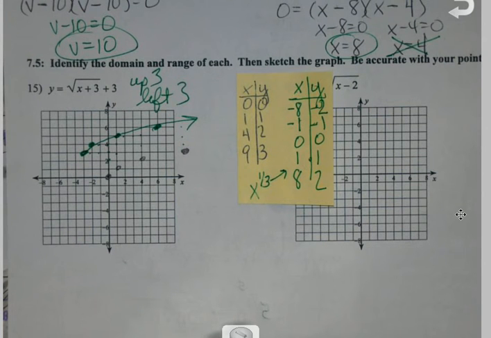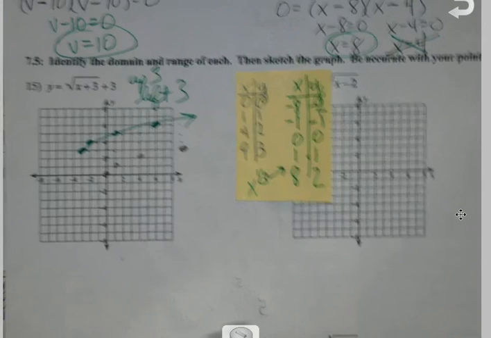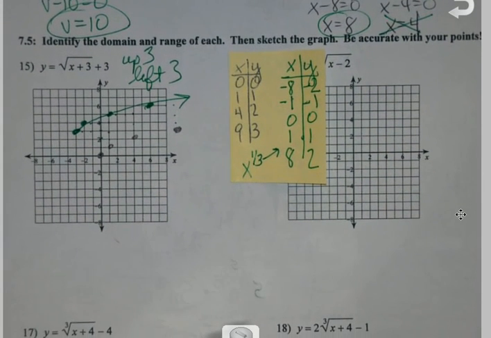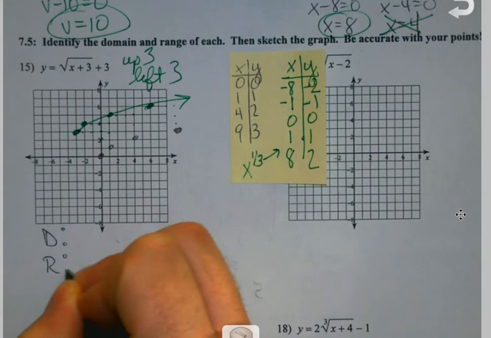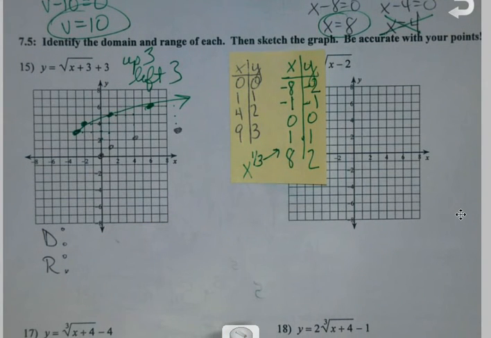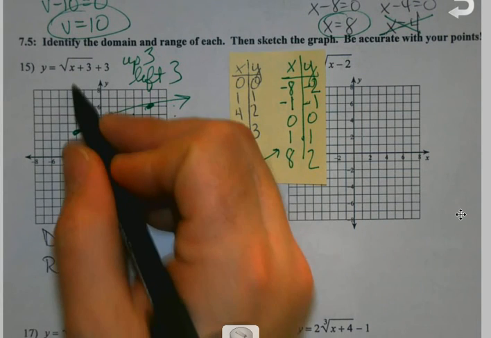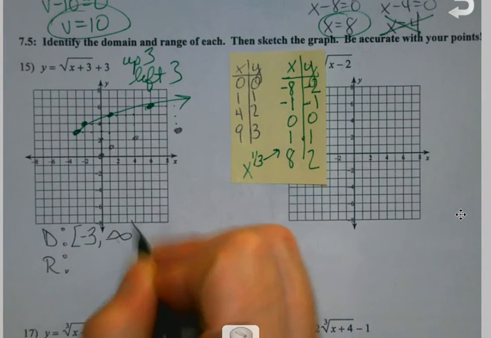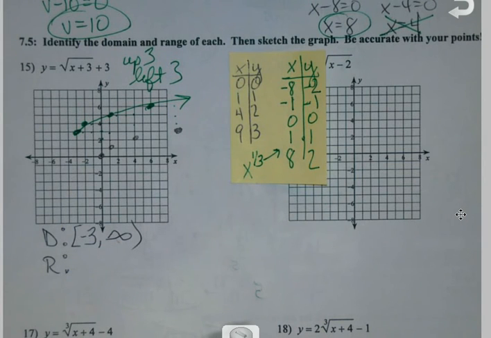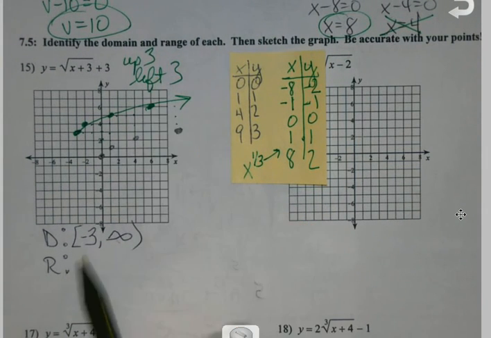So now, domain and range have direct connections with my shifts. Remember, my domain is my x values. Okay, start at -3 and go to infinity. On a base graph, they both start at 0, but I went left 3, same with my domain.